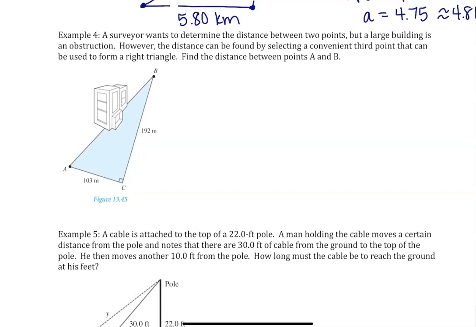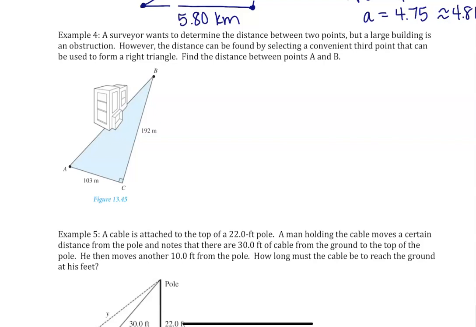Another example here is looking at a surveyor who's trying to get the distance between two points, but there's a building in the way. Well, what they could do instead is create a right triangle where you have formed an angle at C that is at a right angle to point A and to point B. You can measure those because there's no obstructions.